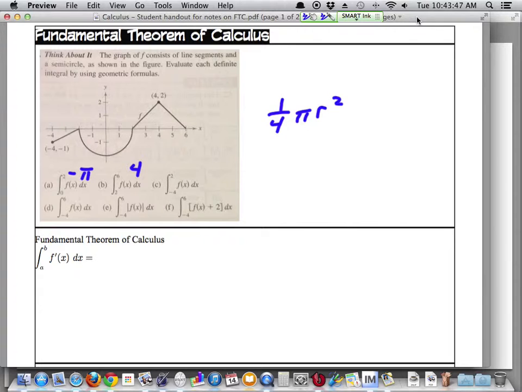The integral from negative 4 to 2 of f of x dx. Look at that one. Tell me what you come up with. Anybody come up with something?